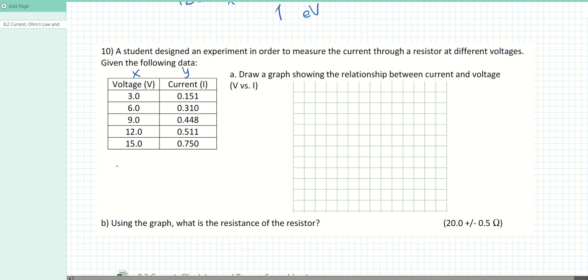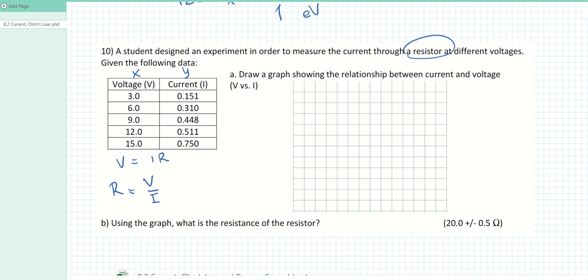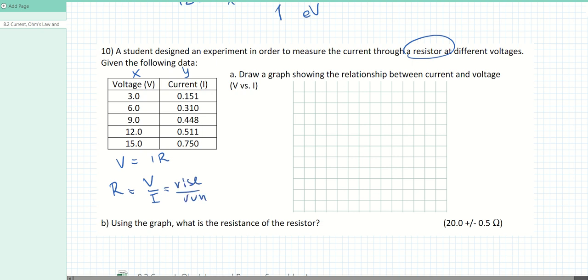So think of Ohm's law. It says V equals IR. Now the question says we're looking for the R, so we're looking for resistance, which means you're going to solve this for R. So R is going to be V over I. This is where you have to think about where your V is going to go and where your I is going to go. Well, slope is rise over run, which means your rise has to be your voltage and your run has to be your current.